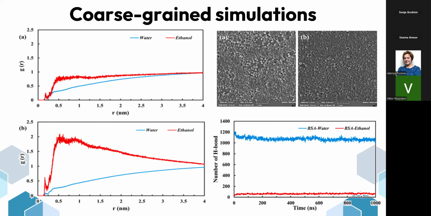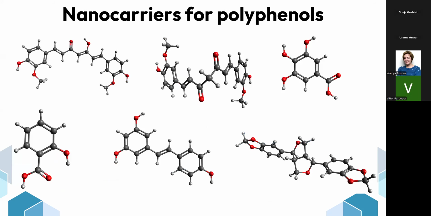But now I would like to outline the results of our research in this area and to concentrate on particular specific examples that we have obtained. The first example is development of nanocarriers for compounds such as polyphenols. You can see the structures of the examined polyphenols in this slide.